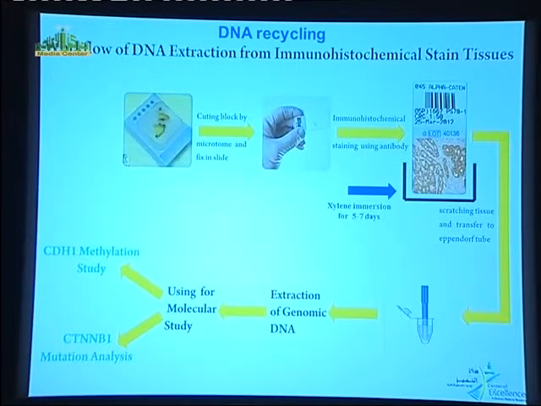But we thought, why not reuse the already stained immunohistochemistry slide to crudely dissect the tissue after immunostaining and extract the DNA, to find out if the integrity of the DNA is okay and can be used for further analysis. We designed this protocol in which we put the already stained slide in xylene for 1 week and then crudely dissect and extract the DNA for further methylation or mutation analysis.